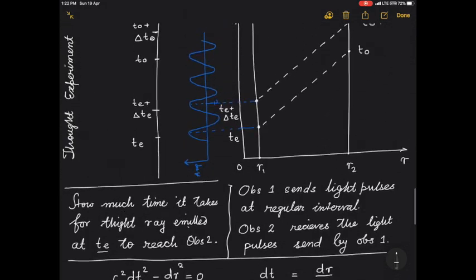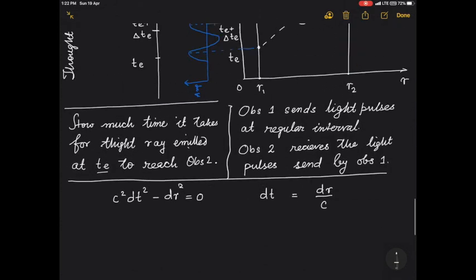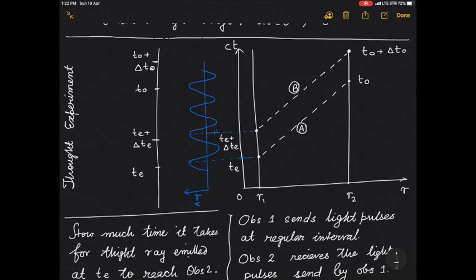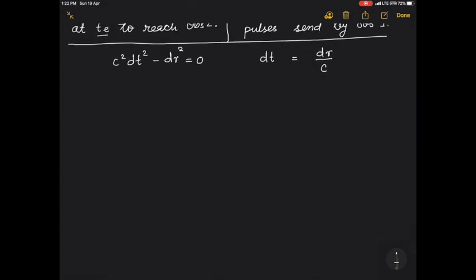So let us call these light rays light ray A and light ray B. The first light ray, emitted at T emitted and observed at T observed, is A, and the other one is B.